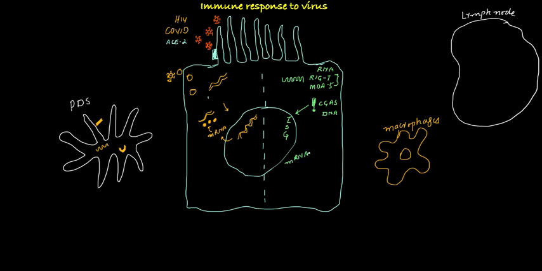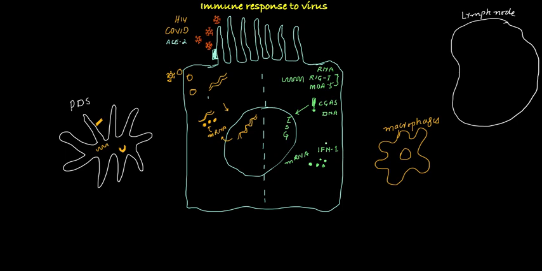These genes in turn are going to produce mRNA, and certain inflammatory cytokines are going to be produced, in this case in particular interferon type 1. Type 1 interferon can be alpha or beta, and these are produced by the activation of either RIG1 or cGAS.